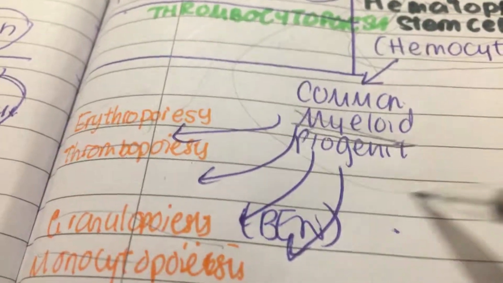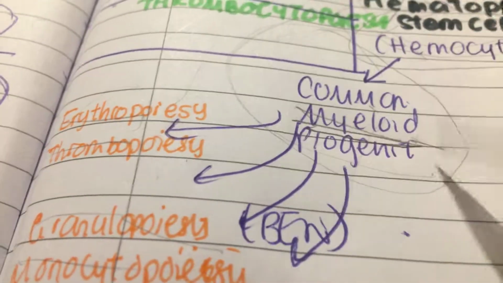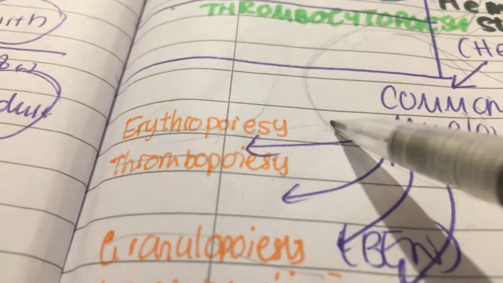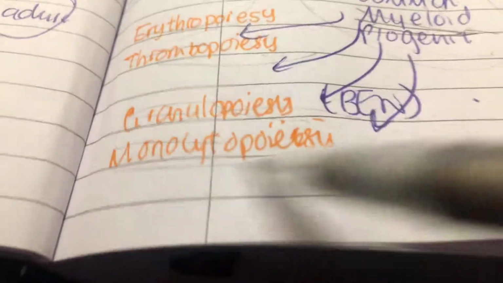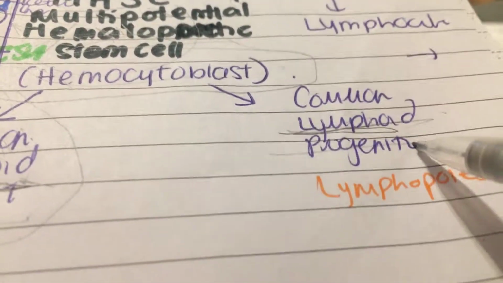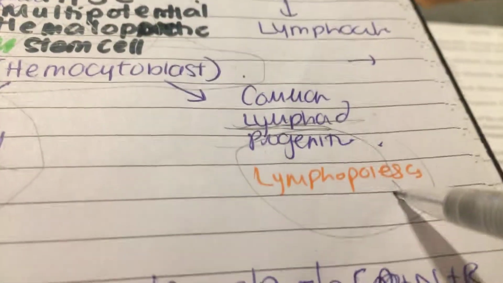Let's discuss the common myeloid progenitor and what it gives rise to. The common myeloid progenitor plays a key role in erythropoiesis, thrombopoiesis, granulopoiesis, and monocytopoiesis, whereas the common lymphoid progenitor only plays a role in lymphopoiesis.